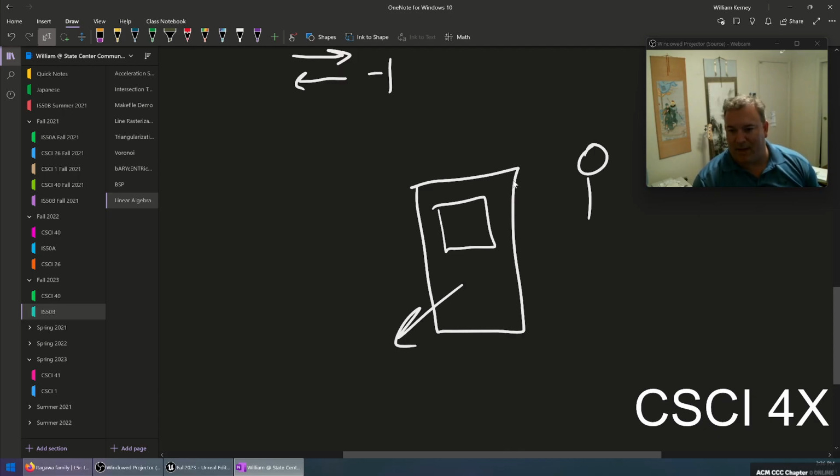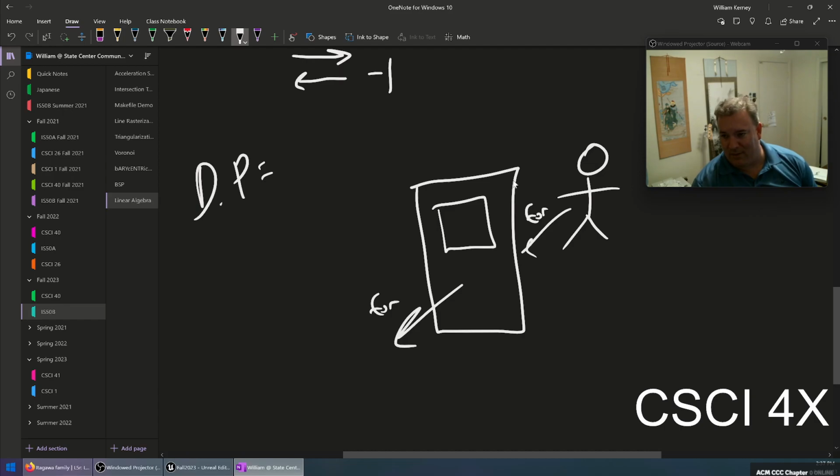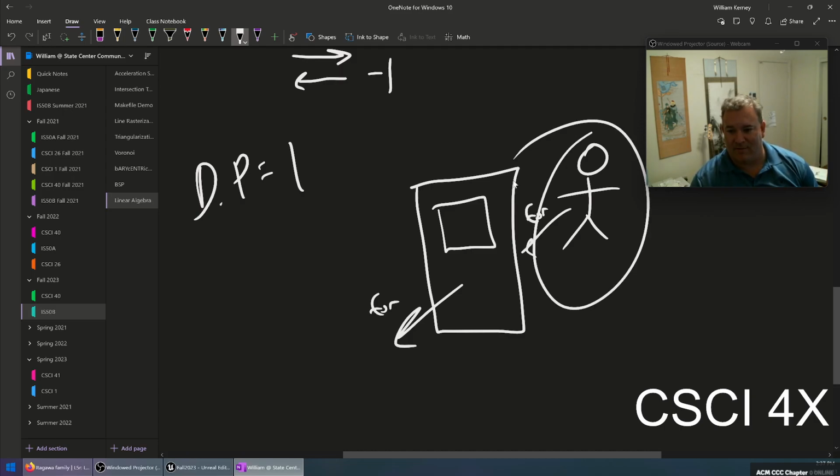If the player walks up behind the vending machine and he's looking the same direction, if this is the forward vector of the player, and this is the forward vector of the vending machine, if the dot product is 1 or close to 1, that means they're both looking the same way. And that means that the player is behind the vending machine. And you shouldn't allow him to use it, right? Because it makes no sense to be able to use a machine from behind.